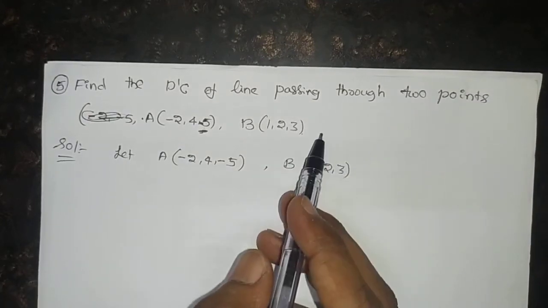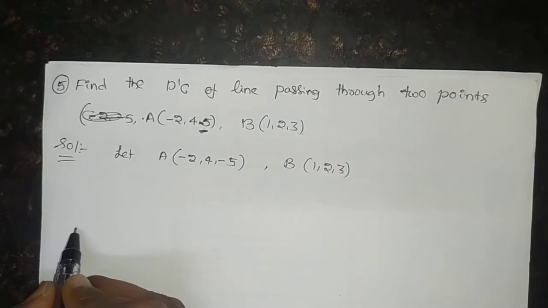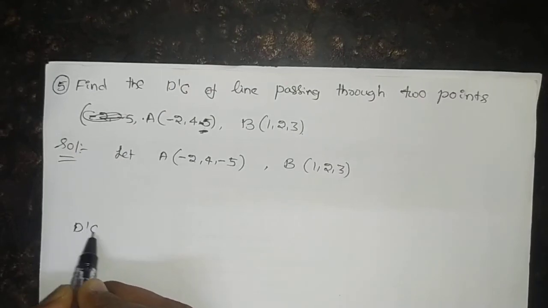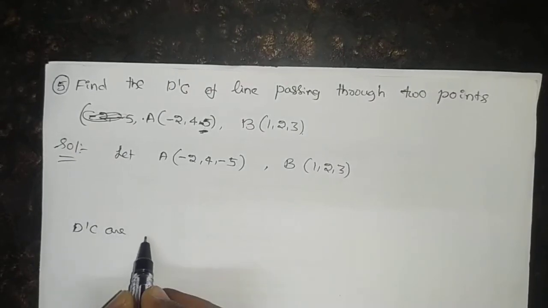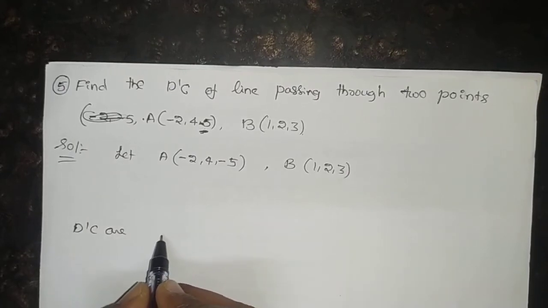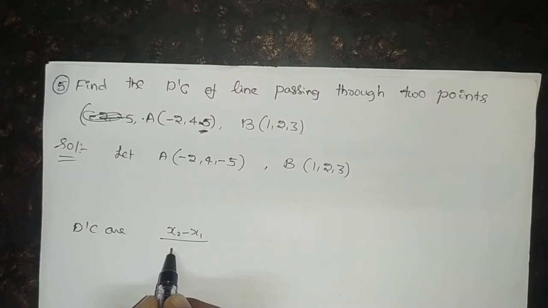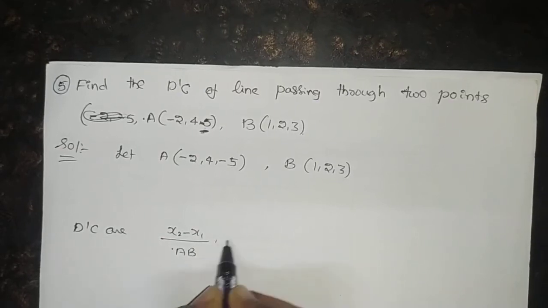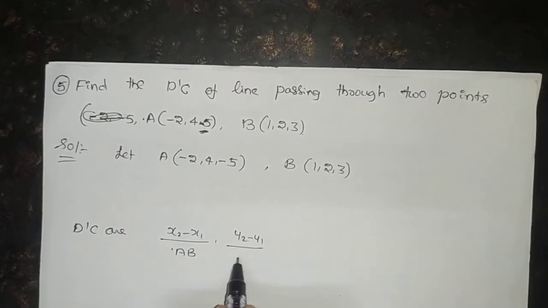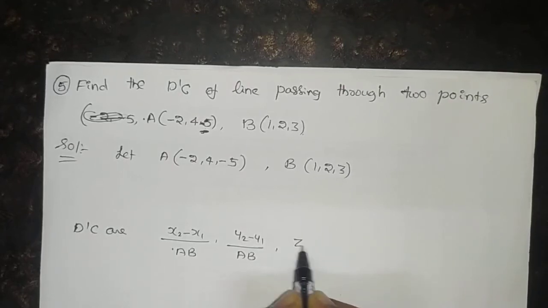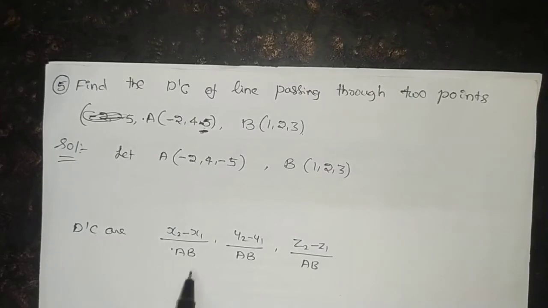I already told you that the direction cosines are (x2 minus x1) divided by AB, (y2 minus y1) divided by AB, (z2 minus z1) divided by AB. Okay, it is a formula.